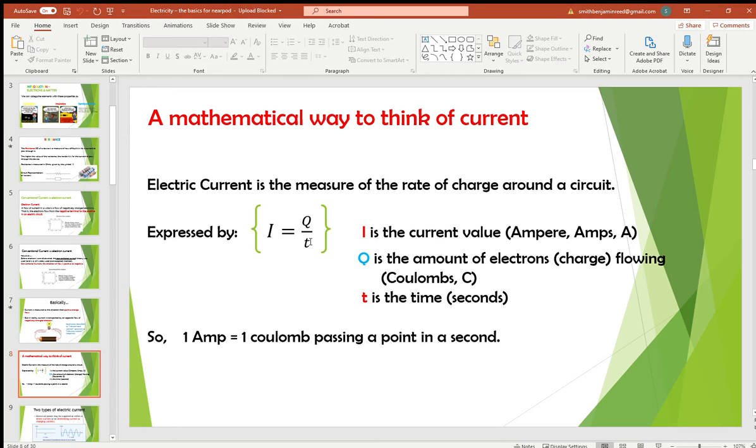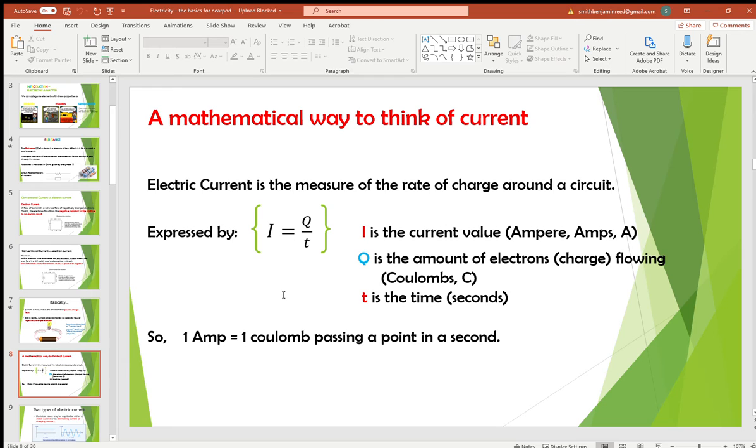So current is how fast that charge is moving within a circuit. So 1 amp is 1 coulomb, or 1 charge, passing a point in a second. It is basically the speed of the electrons flowing through the circuit. So once again, we won't be using this formula in our calculations, but it does help us understand what current is.